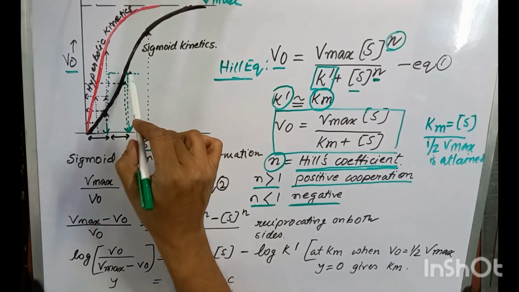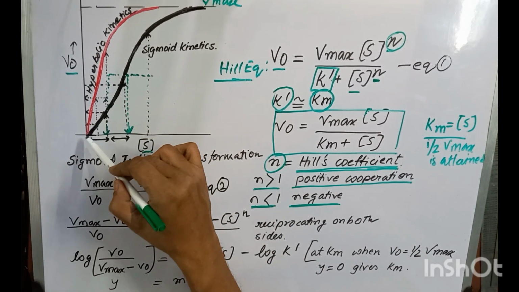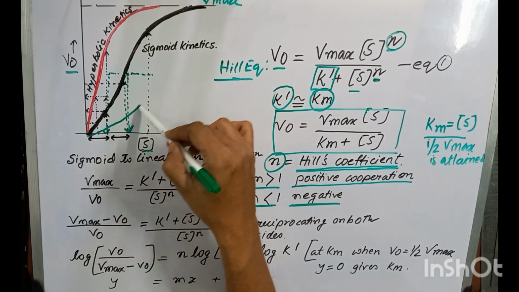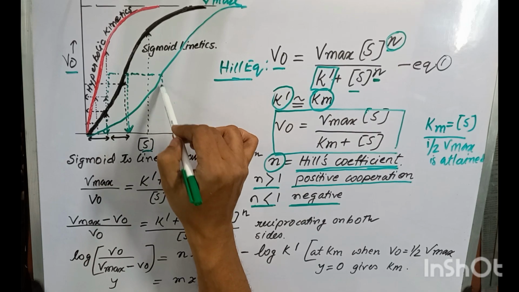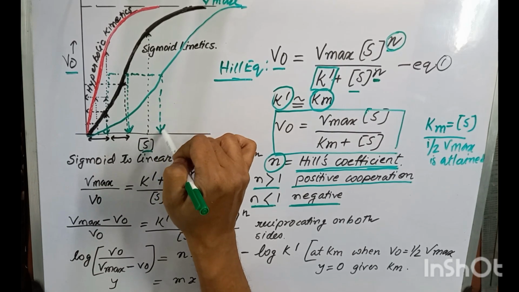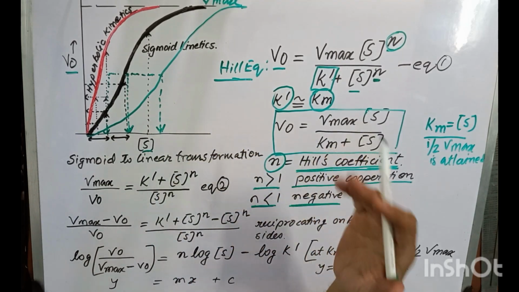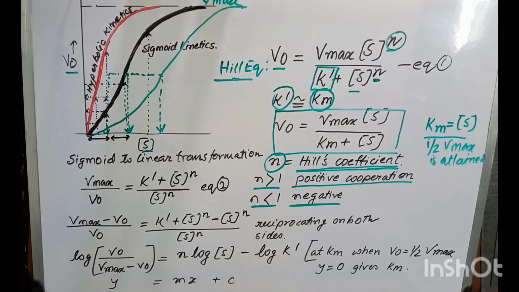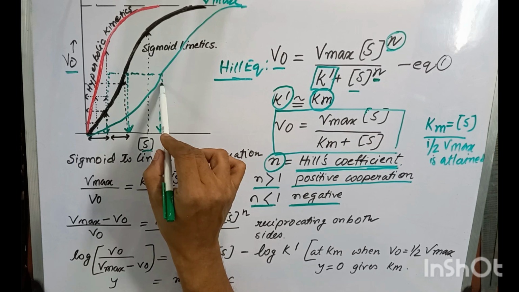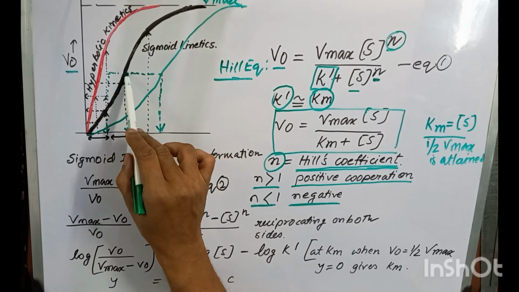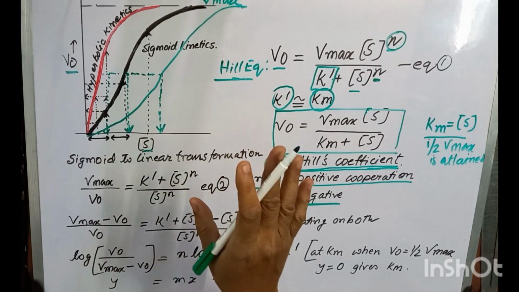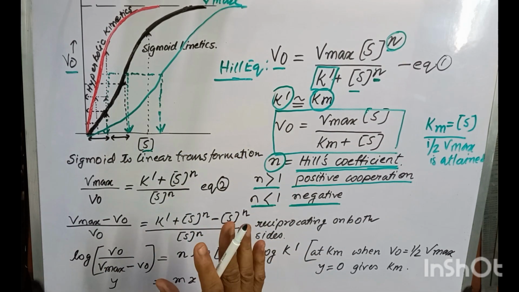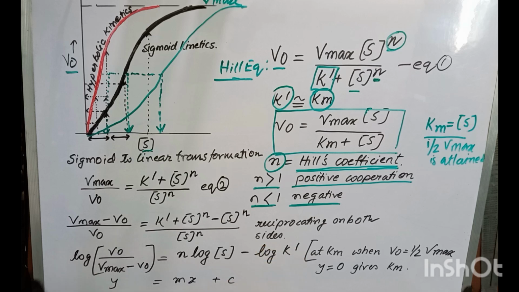When the Km value increases, say this sigmoid kinetics is now shifted like this, it means that there is a negative kind of regulation. There is an allosteric inhibitor that is acting. When the Km value increases, it's a kind of inhibition. When the Km value decreases, it's a kind of stimulation. The Km actually indicates the binding affinity.